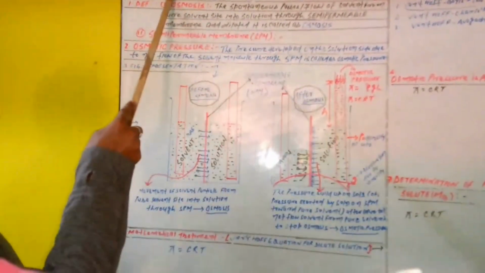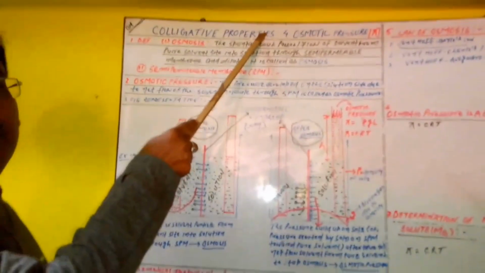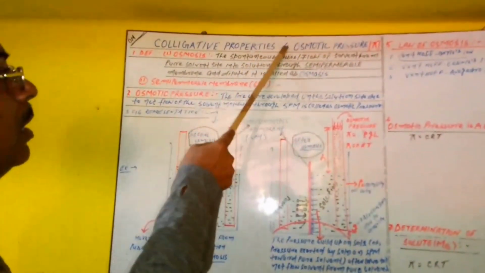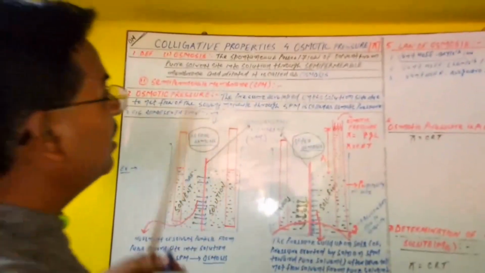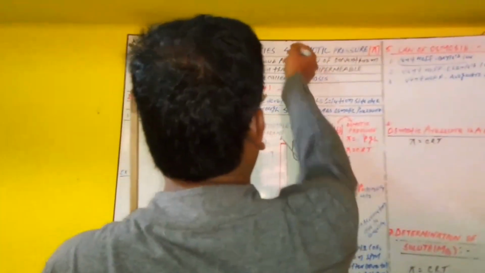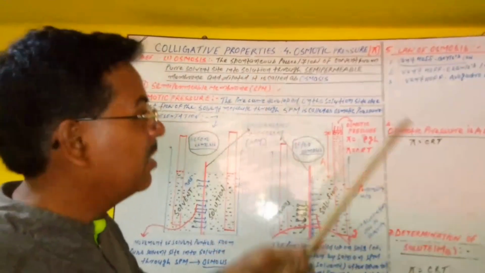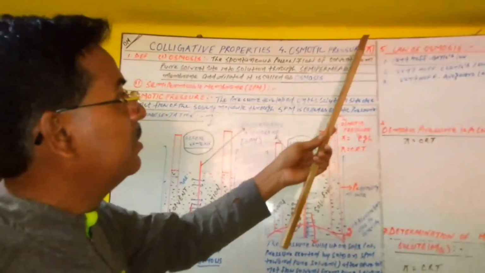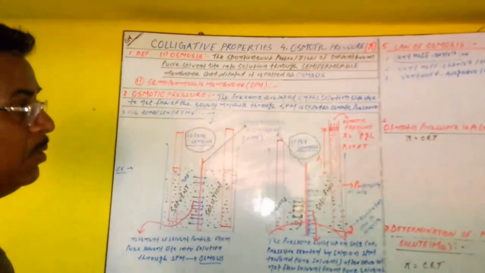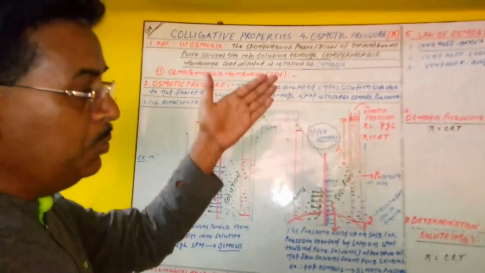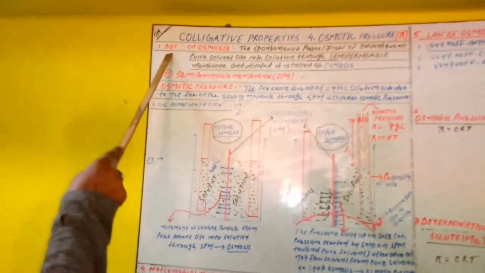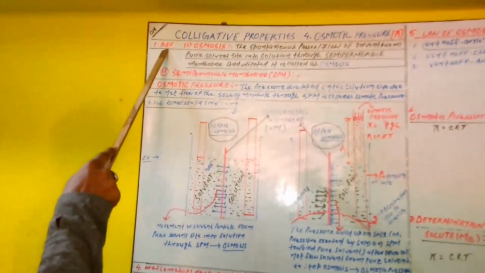Like all other colligative properties, this topic is also studied under a number of headings. Firstly, you see here written colligative property, and the fourth colligative property, that is osmotic pressure. It is denoted by pi. First, the definition.